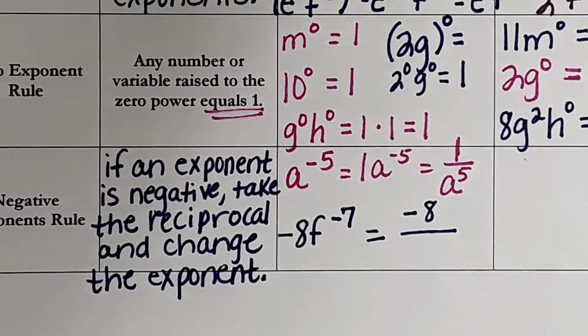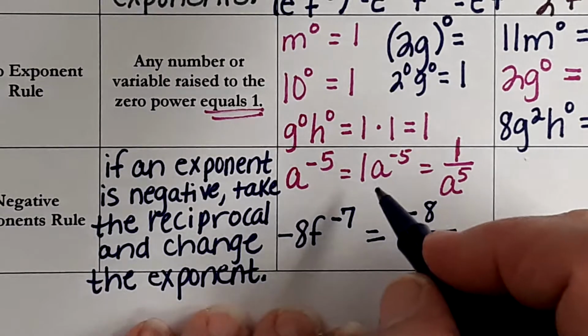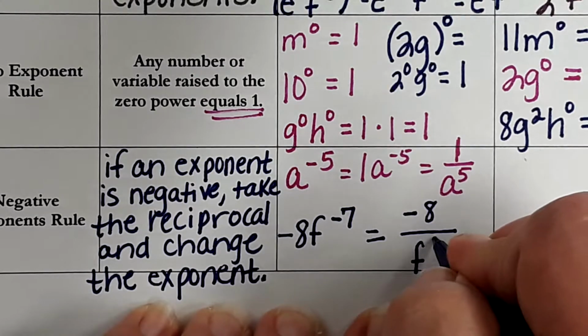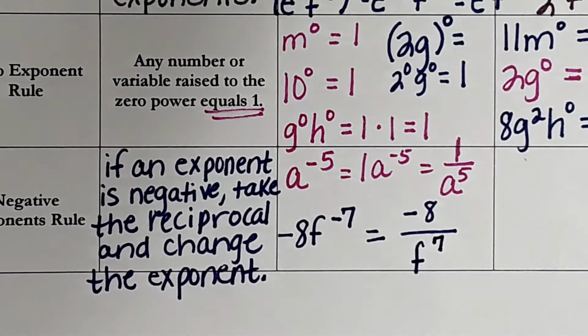The negative 7 is the exponent. That's not happy. It wants to be back in bed. So we're going to put it underneath the covers, and once I put it underneath the covers, it becomes happy again. Remember, wherever you see a negative exponent, if it's in the denominator of the fraction, it doesn't want to be there. It would rather be in the numerator.